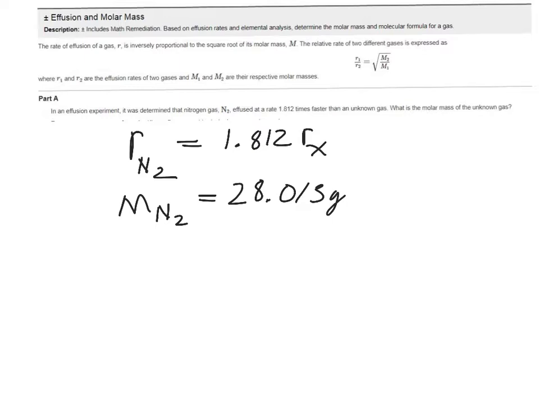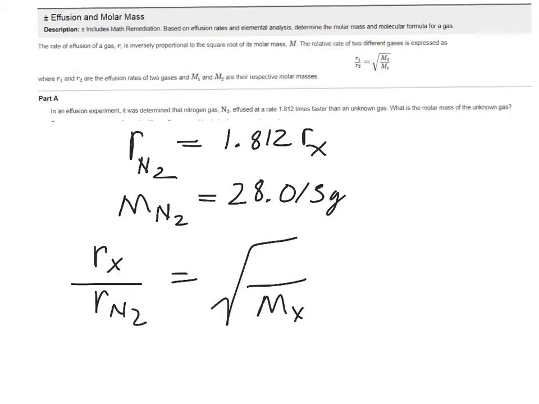So now we're going to set up our ratio, where we have the rate of X over the rate of N2 equals the molar mass of X over the molar mass of nitrogen.